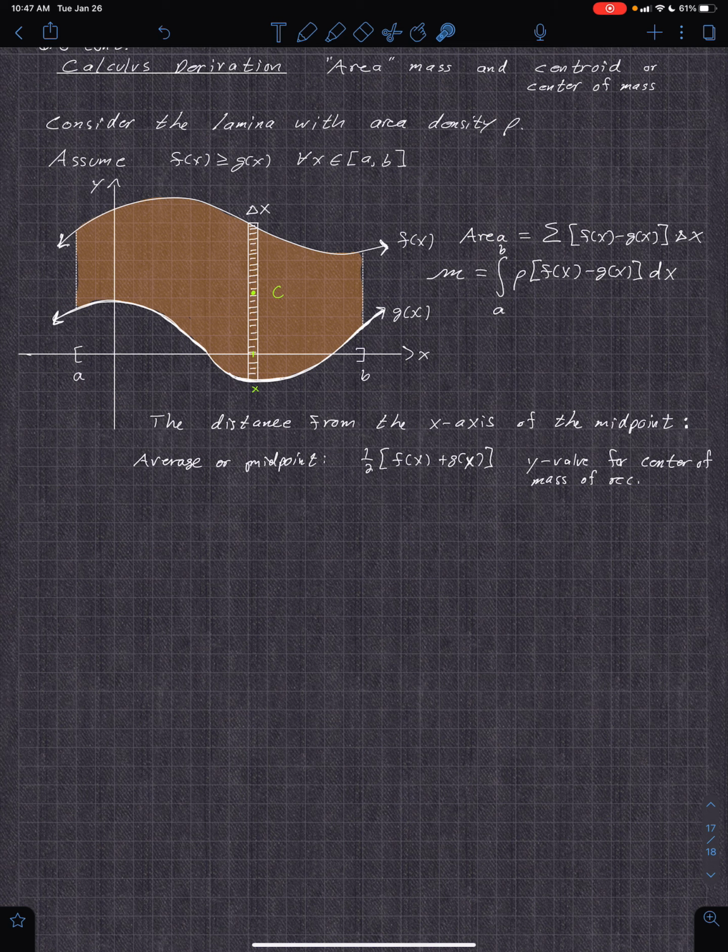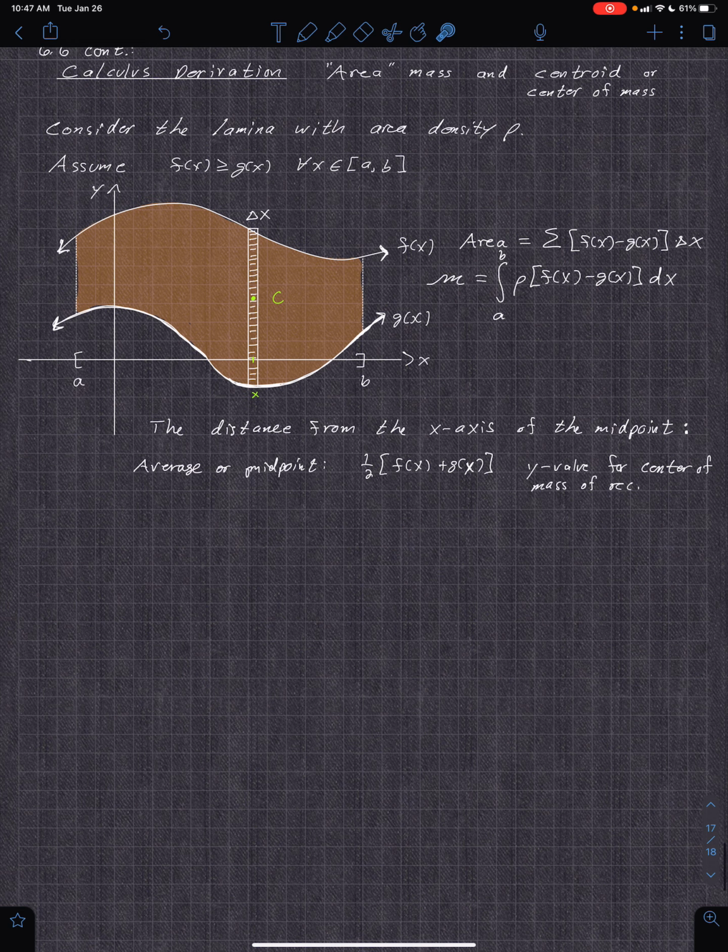So the moment about the x-axis would be this. So moment about the x-axis will be that distance.